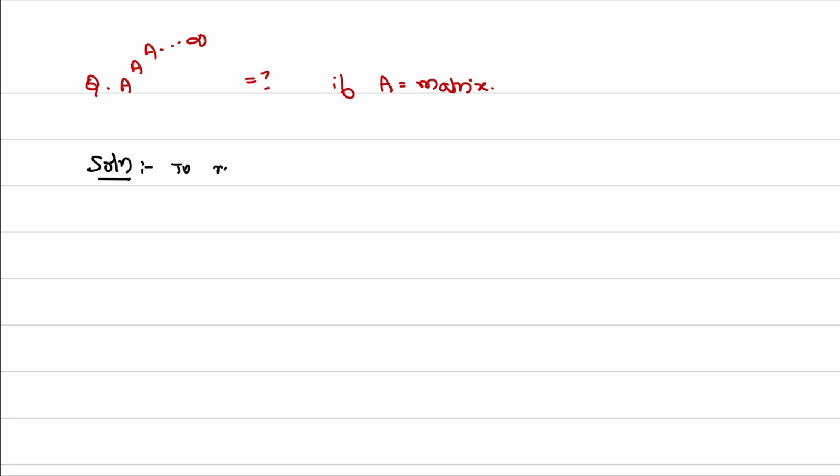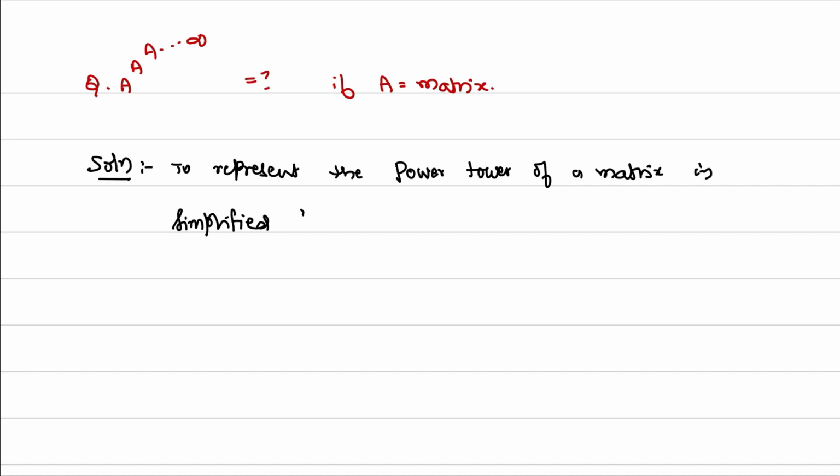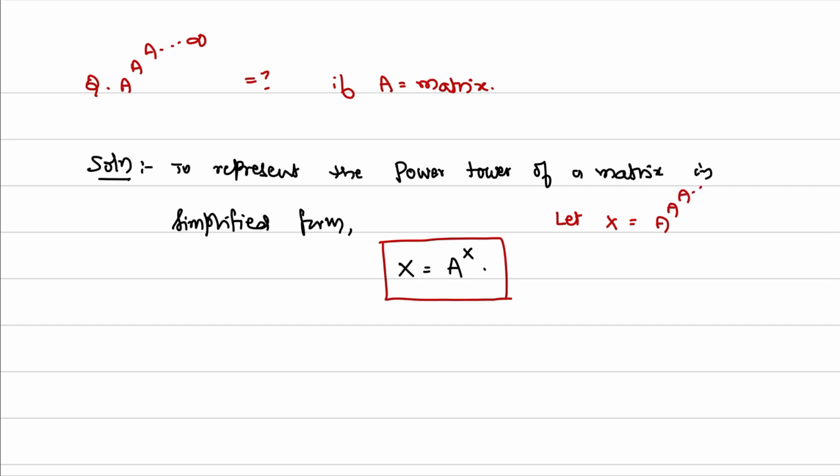To represent the power tower of a matrix in simplified form, let x be equal to A to the power of A to the power of A up to infinity.